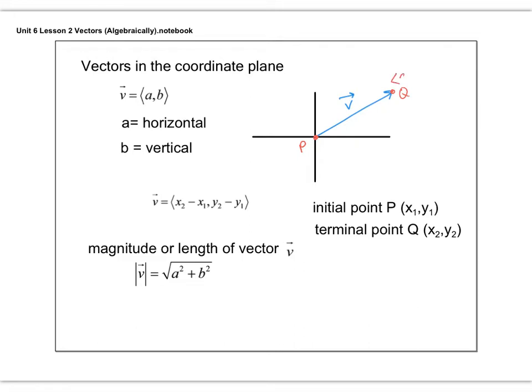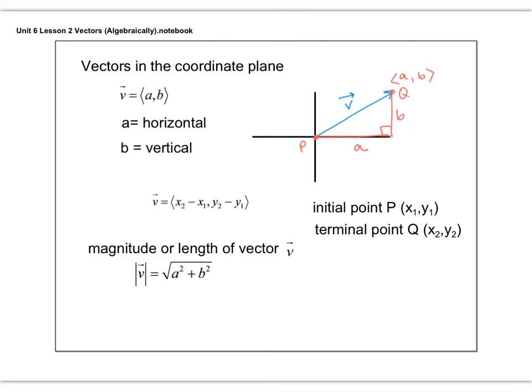And the component has an a value and a b value, and it's basically the horizontal component and the vertical component. So the horizontal component would be over a, the vertical component would be up b in this case, and they would be perpendicular to each other.